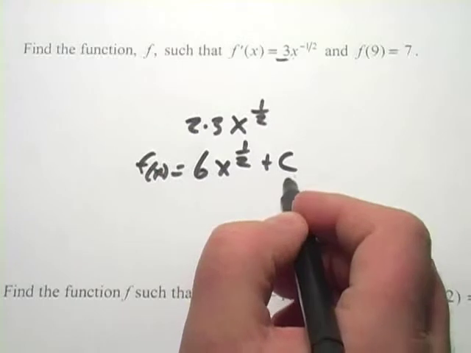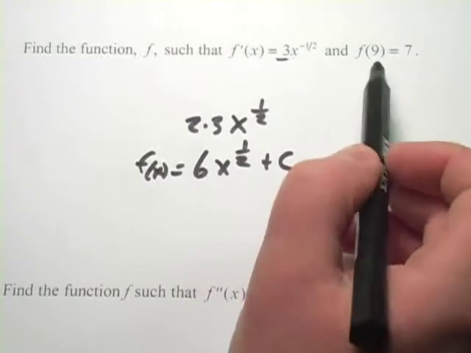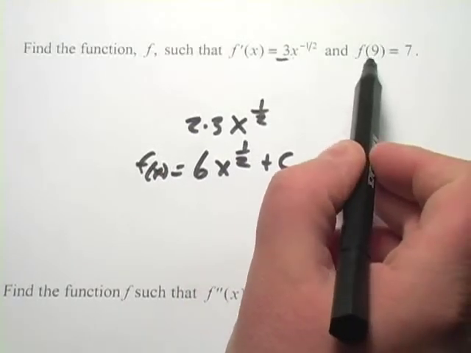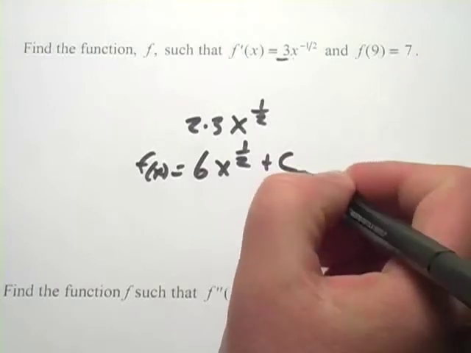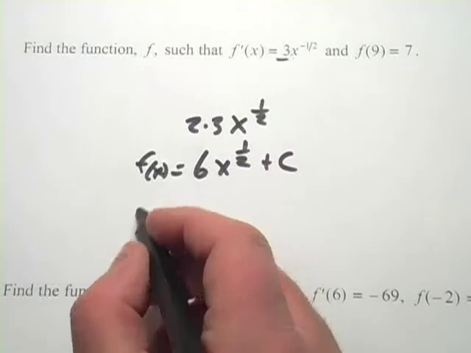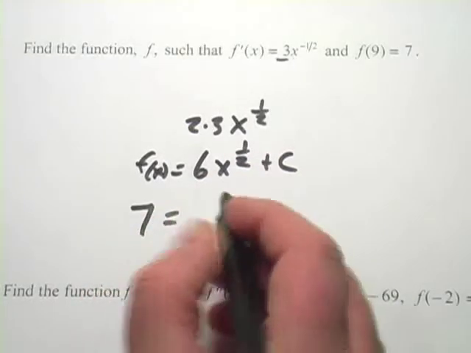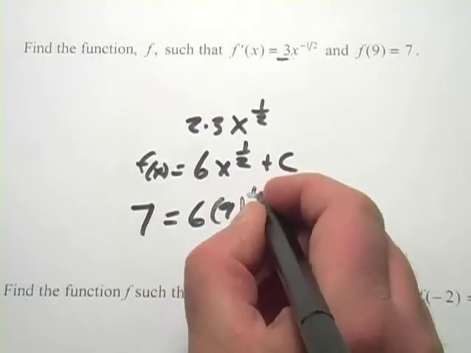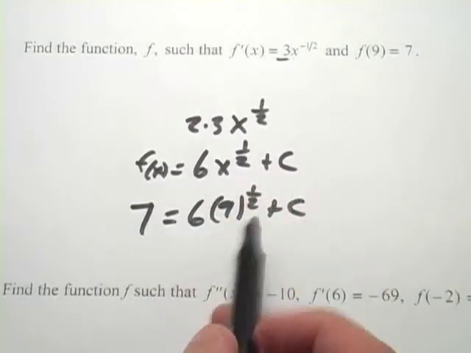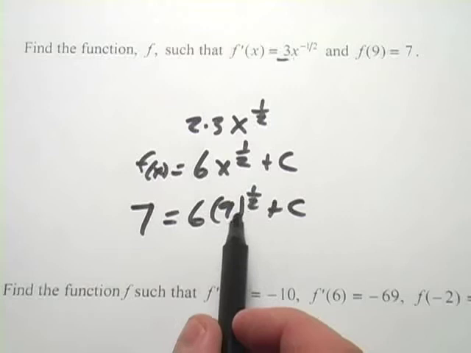If we want to find out what that constant C is, all we have to do is plug in 9 for x and set the function equal to 7, then we can solve for C. So let's set the function equal to 7, and we'll plug in 9 for x. So this is 6 times 9 to the 1/2 power plus C. Of course, 9 to the 1/2 power, that's the square root of 9, that's 3.